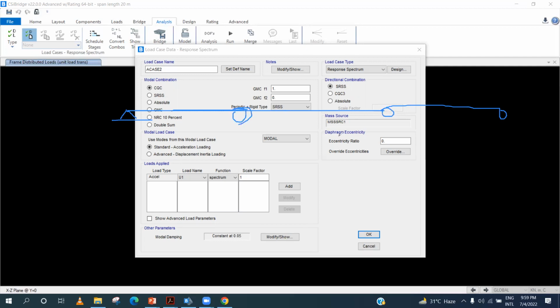But the thing is, let's say I am using this bridge. In multi-mode analysis, you discretize this structure into these three different types of masses, and when this structure is subjected to any type of lateral load, it will vibrate in different configurations.